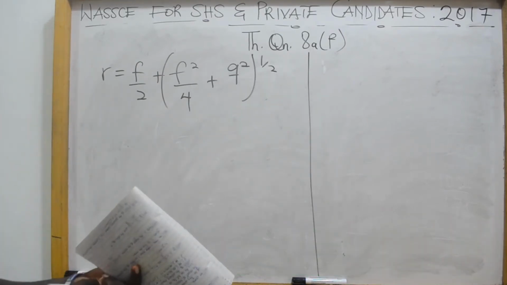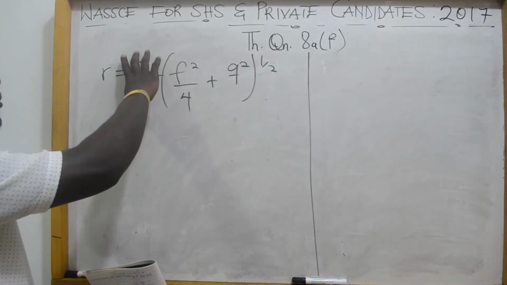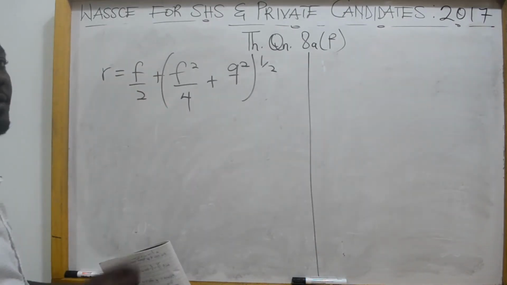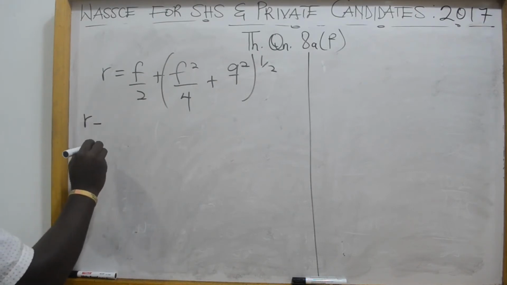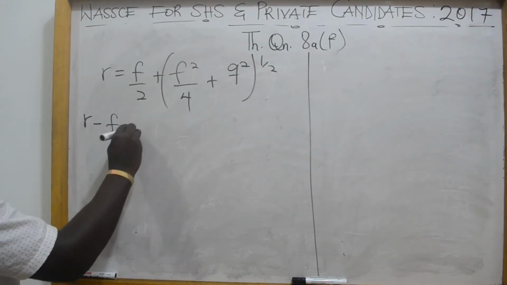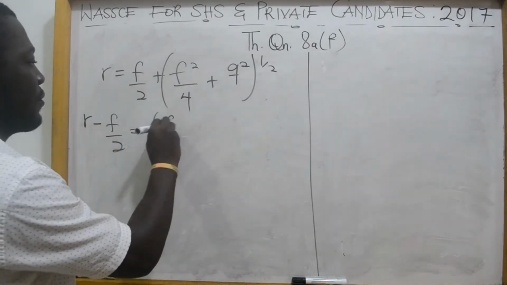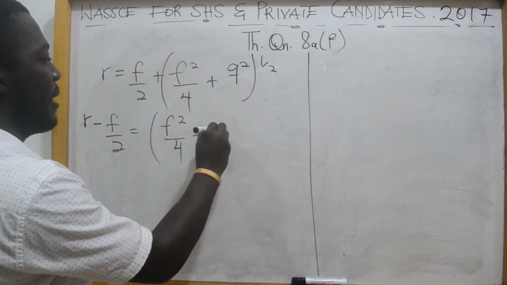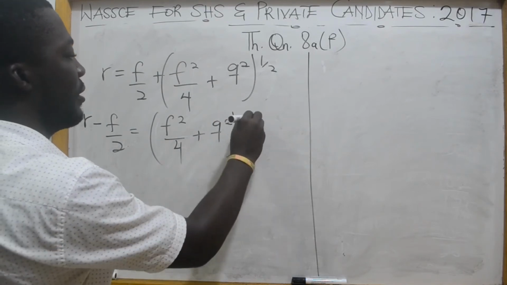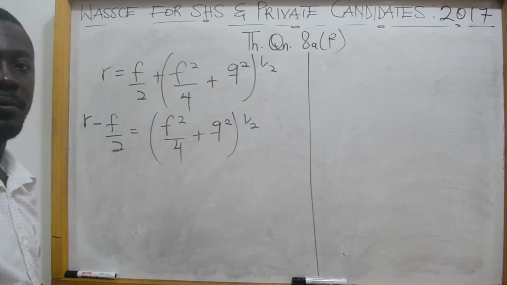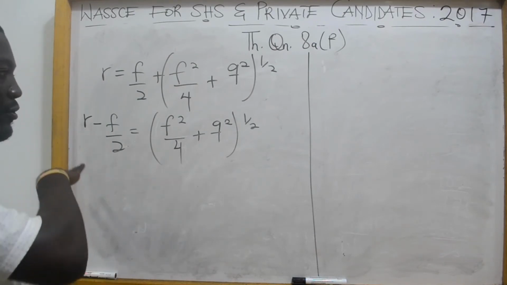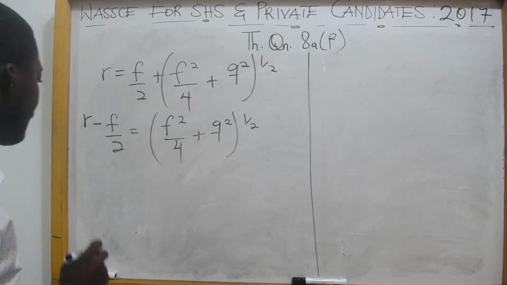So in the first step, we are going to transpose the term without Q to the left hand side. We already have R there, so R minus F over 2 is equal to F squared over 4 plus Q squared exponent half. We want to get rid of this half. What we can do is to square both sides.